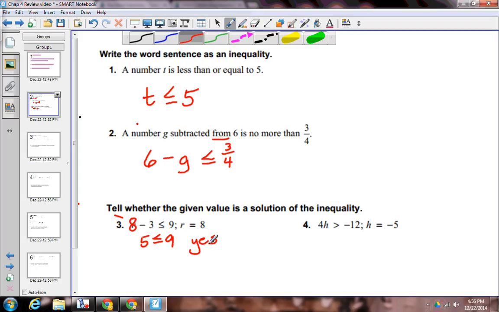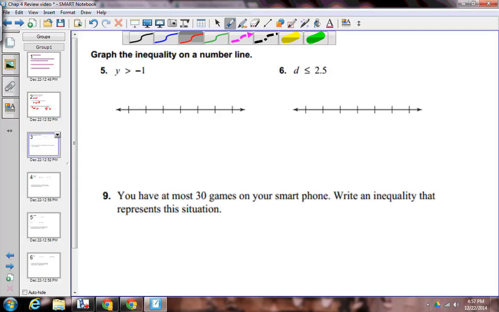And for number 4, we are multiplying 4 times -5. So we have -20. And -20 is not greater than -12, so -5 is not one of our solutions, so we would say no. Okay, moving on.